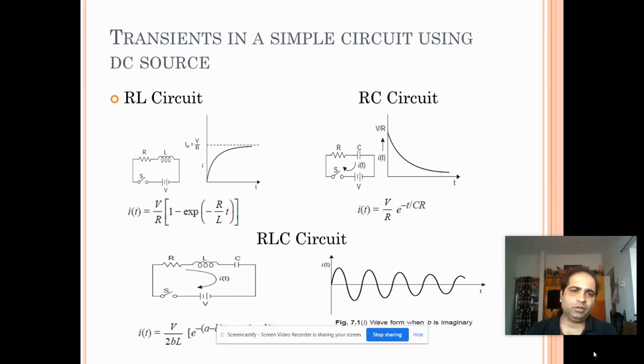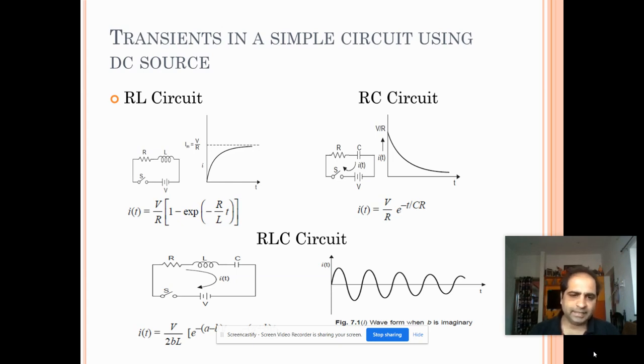For an RL circuit, whenever there is a resistance and inductive circuit, the transient occurs, and at that point of time, the current i(t) is given by the equation as shown. For an RC circuit, the curve is as shown here, an inverse parabolic curve, and the current i(t) is given by the formula as shown in the slide.